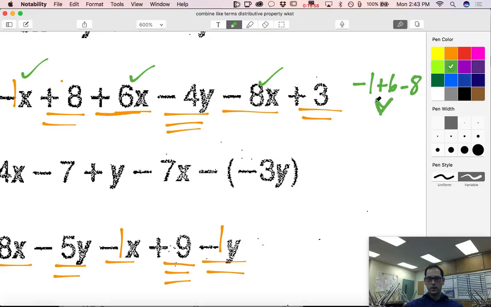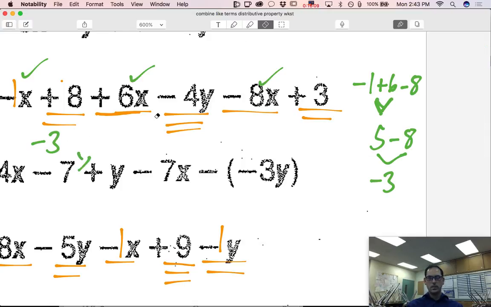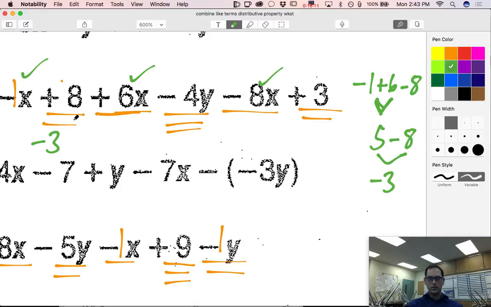This is going to be 5. Bring down the minus 8. Arrows for that one, negative 3. So this first one will be negative 3x. And now from there, negative 3x, we have 8. We're on 8 and 3. That will be 11. We are on negative 4y. Put that there.